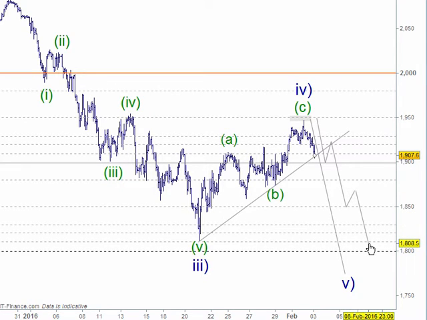I wouldn't expect it to come down past the 1800, but we certainly expect it. Let's just have a look at the structure by the time it gets to the 1800 here.